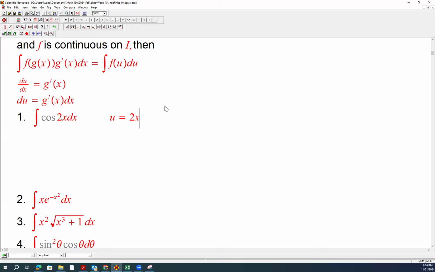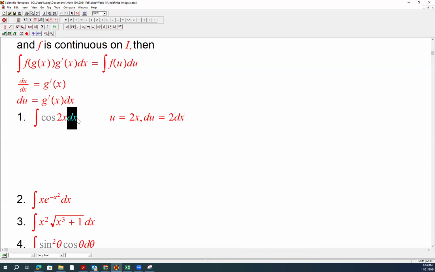Then we will need to change everything from x to u. So we will need to know what du will be. du would be equal to 2 times dx.